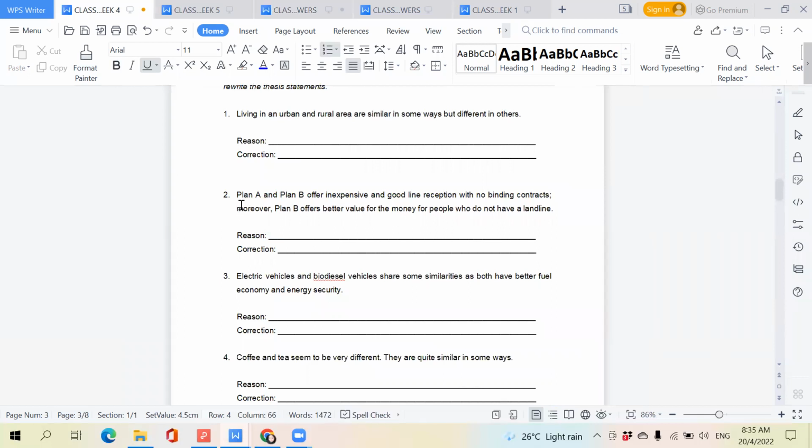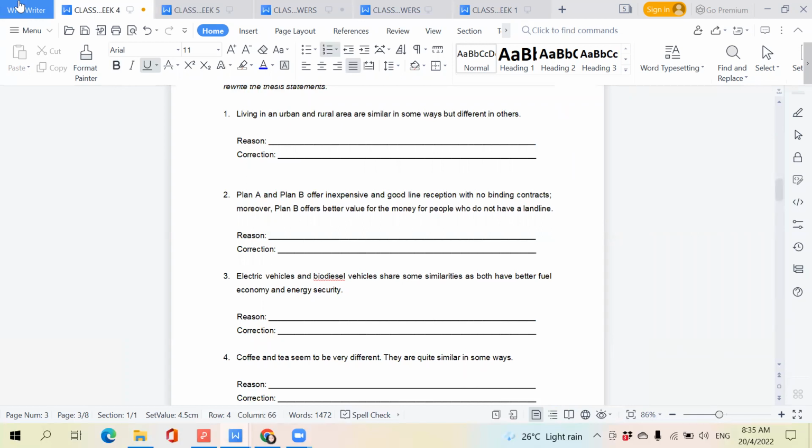You do not say moreover in a thesis statement. Moreover is when you are developing your paragraph. You want to add further information related to the first point that you have just made, and then you can use moreover, in addition, furthermore, etc. But in a thesis statement, moreover is not acceptable. So this is not a good thesis statement.